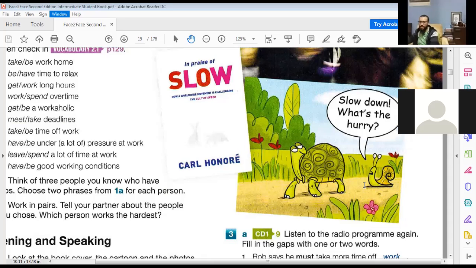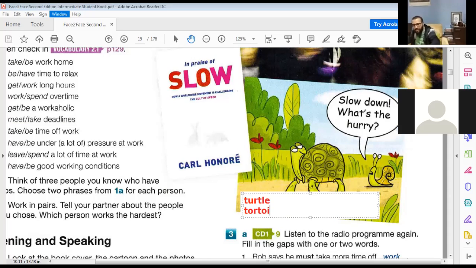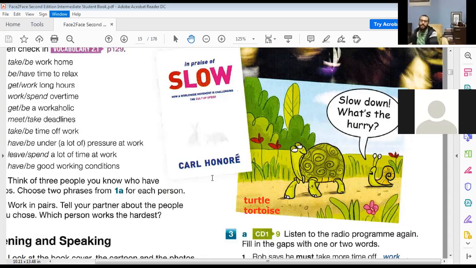Who's slower? The snail. The snail is slower than the tortoise. Okay. So there's a difference between a turtle and a tortoise. What's the difference? Who can tell me what's the difference?